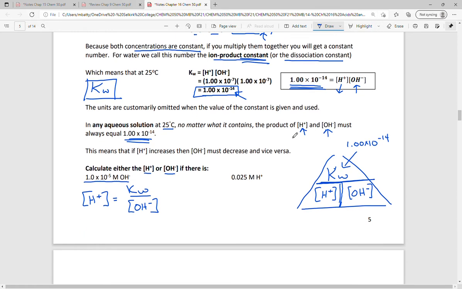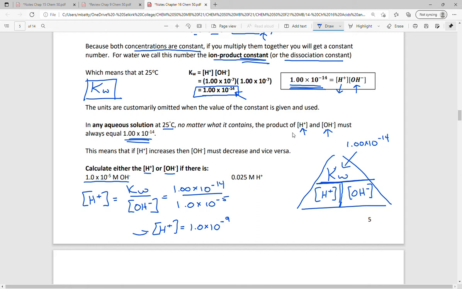So I'm going to sub in what I know. Kw is always the same, so that would be 1.00 times 10 to the negative 14. And divide that by what we know, which is 1.0 times 10 to the negative 5. Remember, using your calculator, the EXP button is pretty critical. And so in this one, I would solve that my hydrogen ion concentration is 1.0 times 10 to the negative 9.